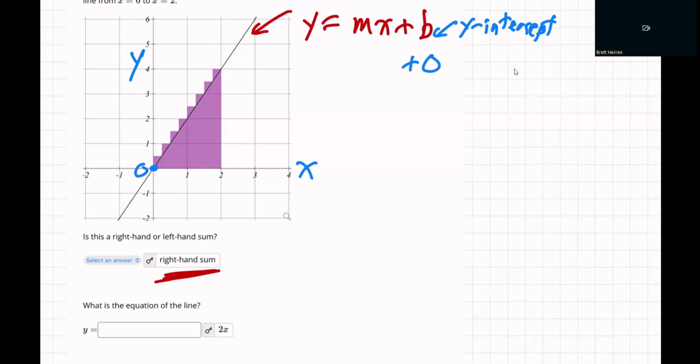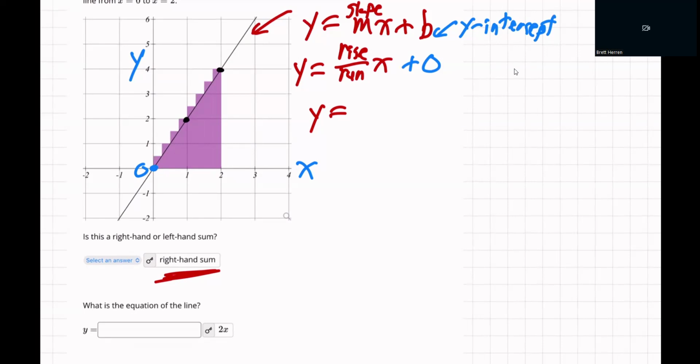And what's the m? You remember the m? That's slope, rise over run. So what's the rise and the run? Well, you just go between any 2 points on the graph. It doesn't matter which 2 points. I'll pick a couple that are right on a grid line, no guessing about it.